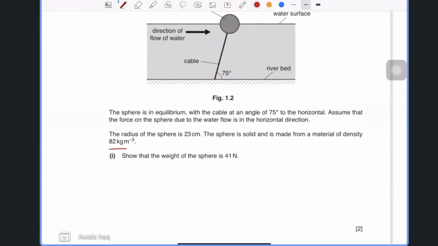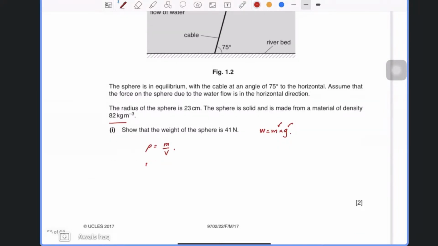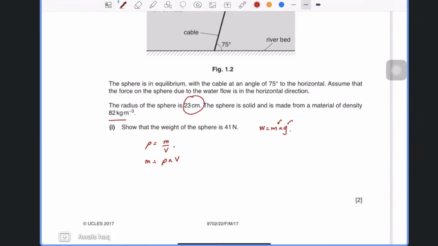So we can do this easily. The way you should look at it is that for weight we need mass times acceleration due to gravity. We don't have mass, but if you have density, then mass is density times volume. Because the radius of the sphere is given, I can use the sphere formula, which you guys should remember.